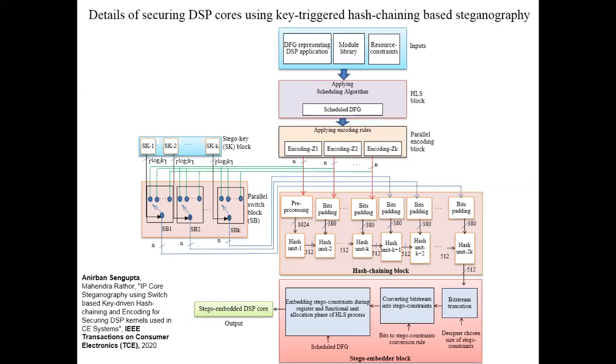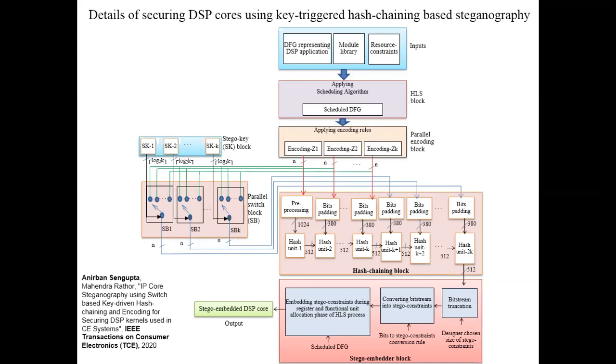One way to do this is, if you have m-bit information from the operations of the data flow graph representing the DSP, you append that with 1 followed by zeros to create 896 bits of information, followed by adding 128 bits, which represents the length of the input bit stream. So 896 plus 128 gives you 1024 bits for hash unit 1.